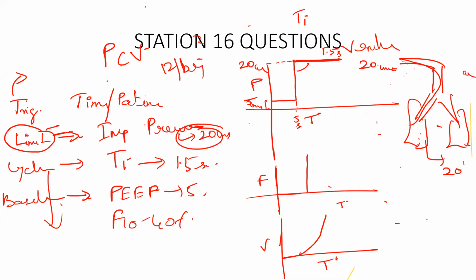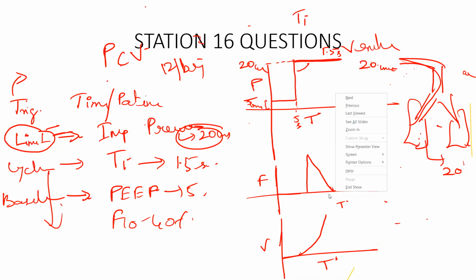So when the pressure is equal in both the ventilator and the alveoli, what happens to the flow? There won't be any flow at all, right? So the flow will be decelerating. Yes or no? Yes, sir. Understood clearly? The flow will be decelerating.